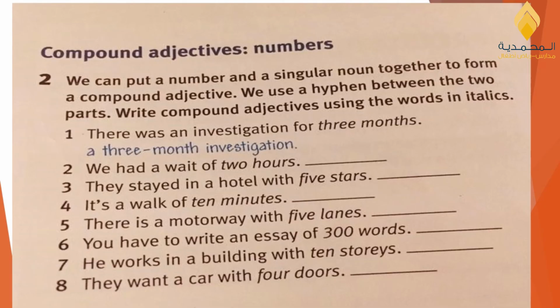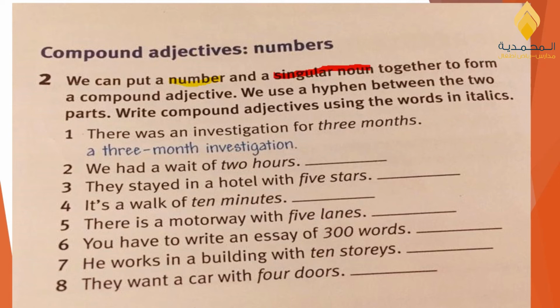Compound adjectives. Numbers. We can put a number and a singular noun together to form a compound adjective. We use a hyphen between the two parts, according to what we have read. What do you think a compound adjective is made of? Yes, it is made of a number plus a singular noun.